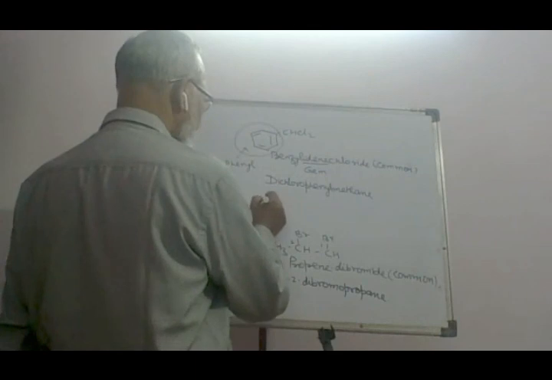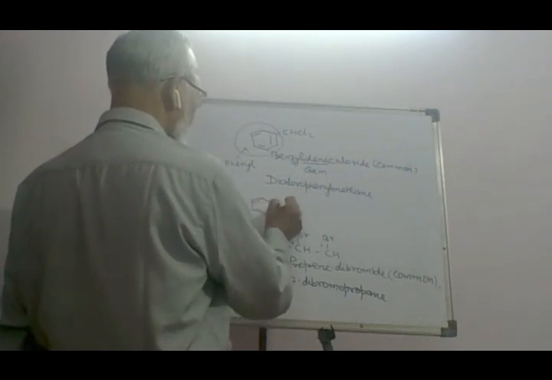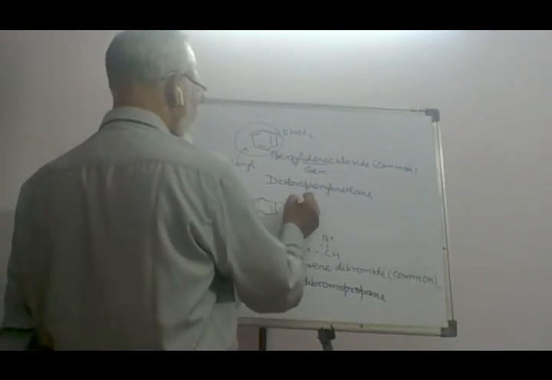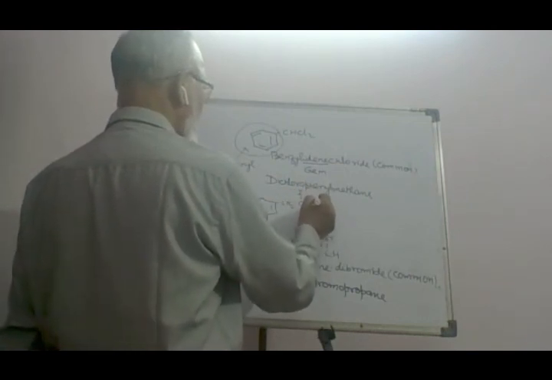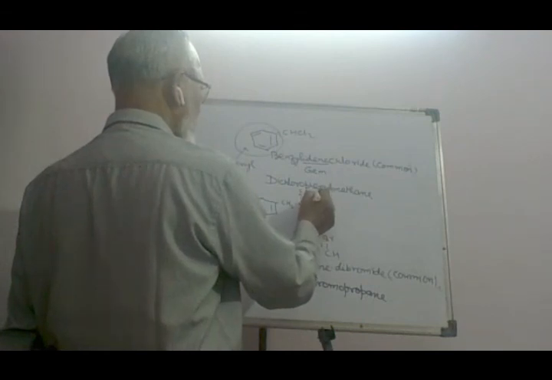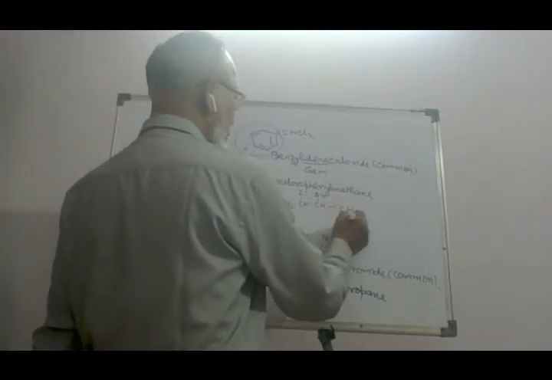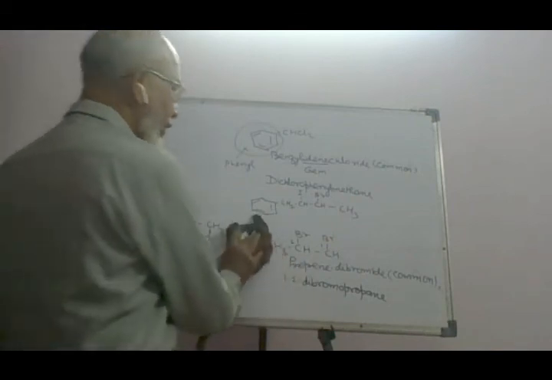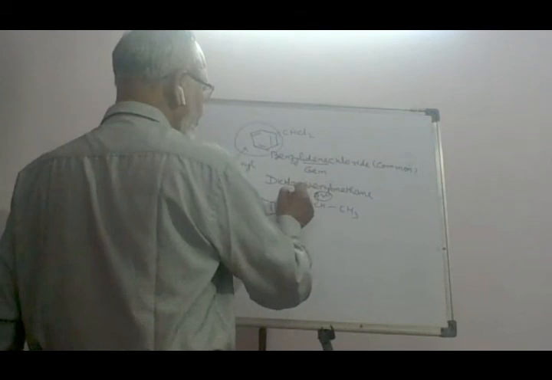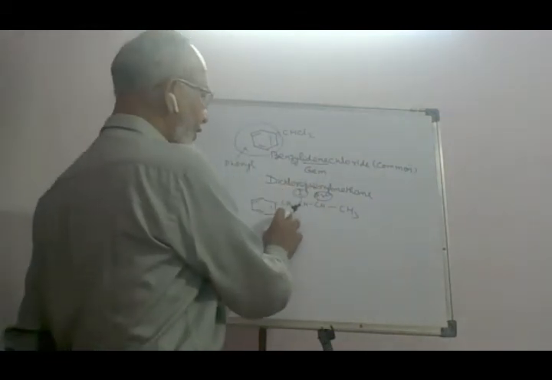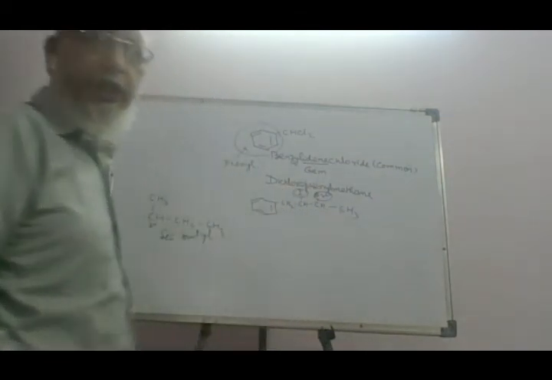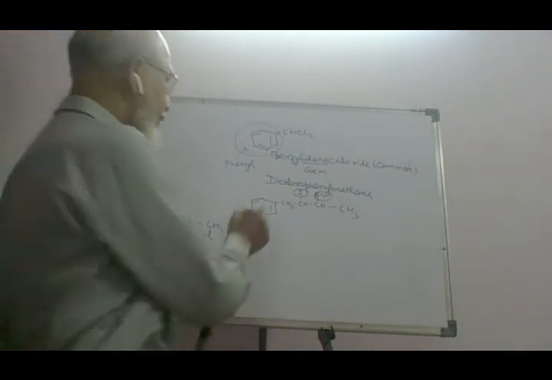Similarly, if this is the compound, then in this case also, since the side chain contains substituent groups like Br and I, it will be taken as a derivative of the side chain. The side chain contains 4 carbon atoms, that is, it will be a derivative of butane, and this will be treated as phenyl.